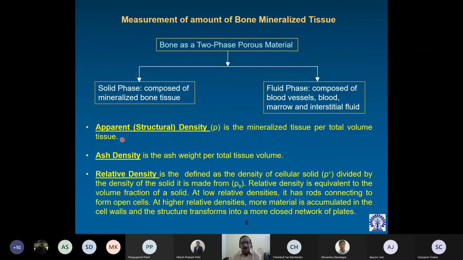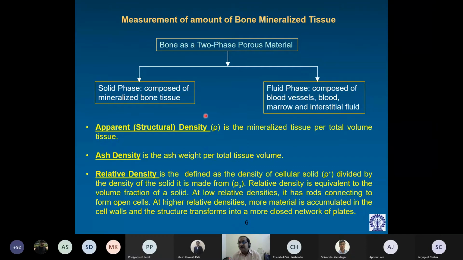If you take a sample, say a 1 millimeter cube from any bone structure, then that 1 millimeter cube consists of a solid part and a fluid part. Okay, because it has pores, and the pores contain the fluid part, and of course it has a solid part.